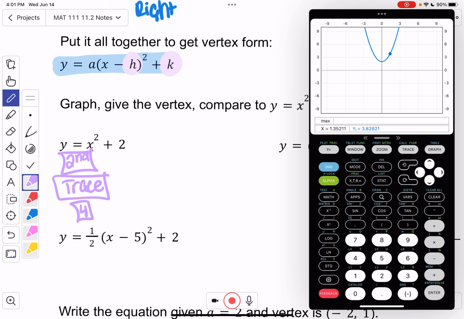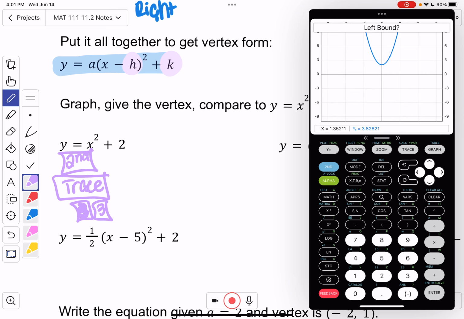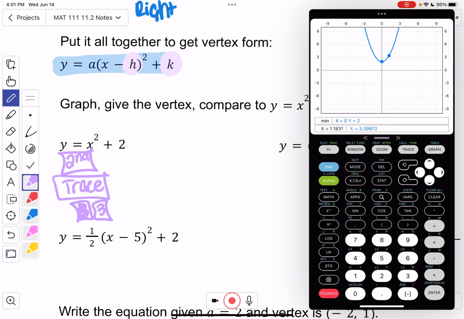I chose the wrong thing; we should be doing the minimum on this. So let's try that again. Left of the minimum, right of the minimum. Our min is 0, positive 2, sorry, which is 2 above the original. That makes sense. We went up 2.